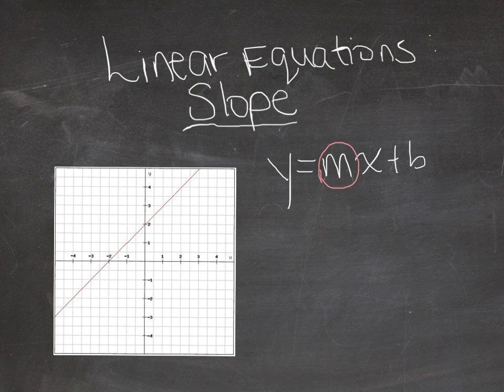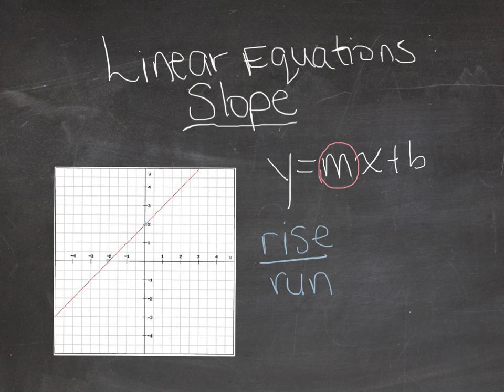So if I'm looking at this graph here, what does slope mean? So how do I find it and what does slope mean? You can think of it, you've probably heard this before in high school, as rise over run. So I can pick 2 points on my line, say this point here and this point here, and I want to write rise over run.